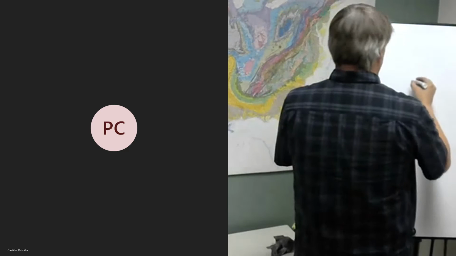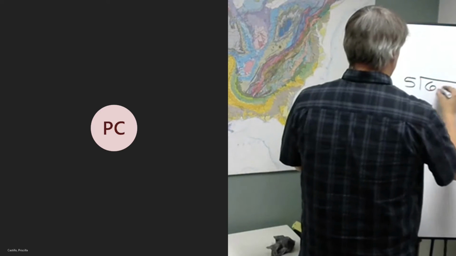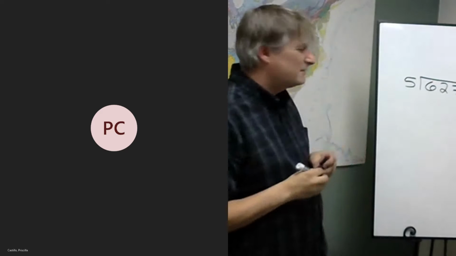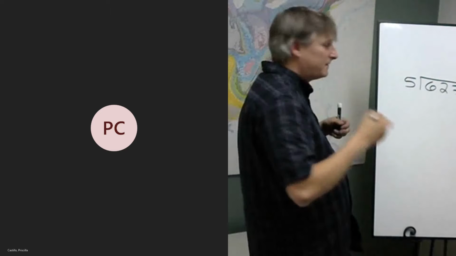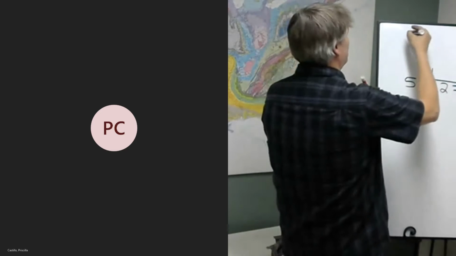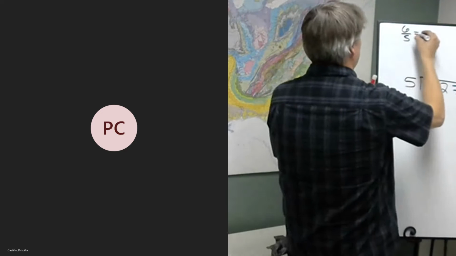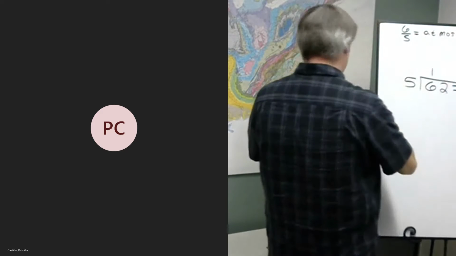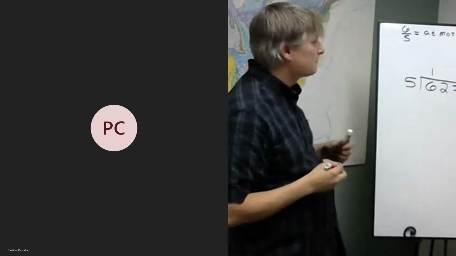Let's say we have this. We divide 5 into 627. So first off, we say 5 goes into 6 at most one time. Goes in at most once.